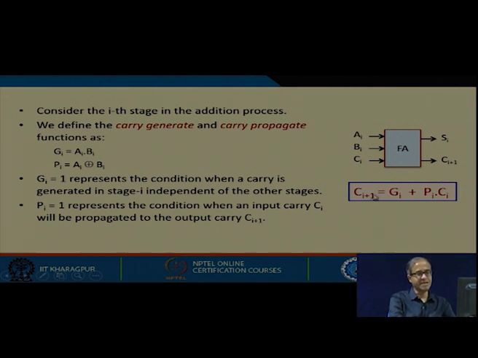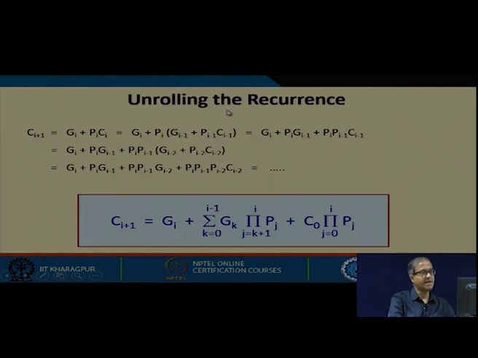Now, this is like a recurrence relation. I am defining the carry of i plus 1 in terms of the inputs at i. So, I can recursively expand this function. What I can write is Ci plus 1 is gi plus pi Ci. In a similar way, the Ci I can expand as gi minus 1 plus pi minus 1 Ci minus 1.